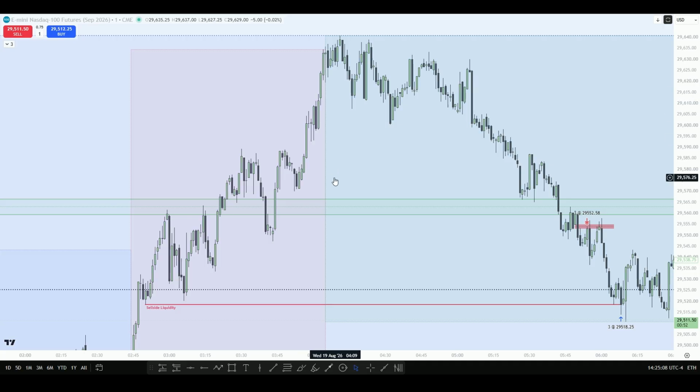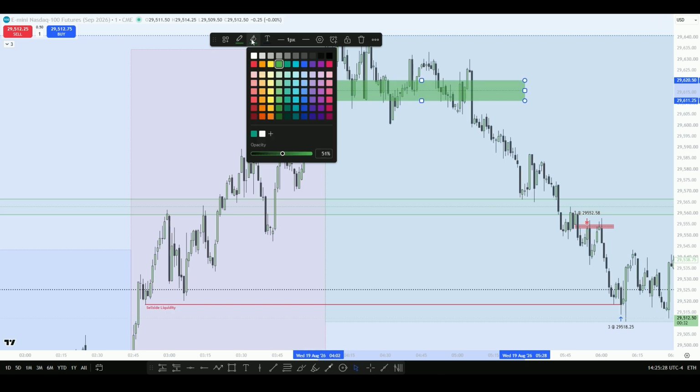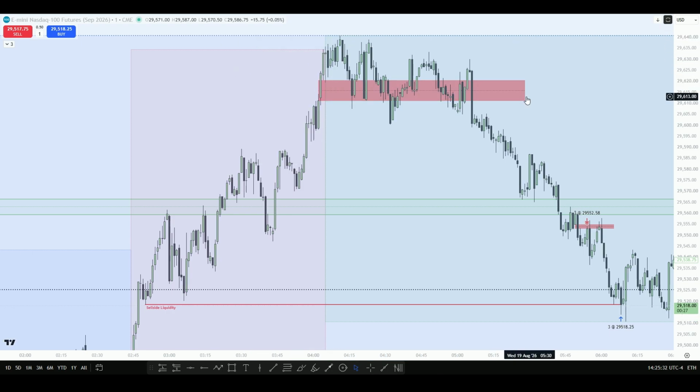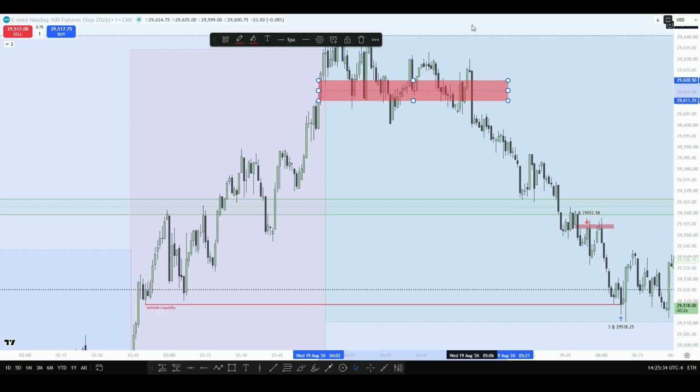Now you have a similar thing happening here. I mean, because of all this high resistance liquidity around here, it might be a little bit more difficult for you to notice, especially as a beginner trader if you don't have enough experience.